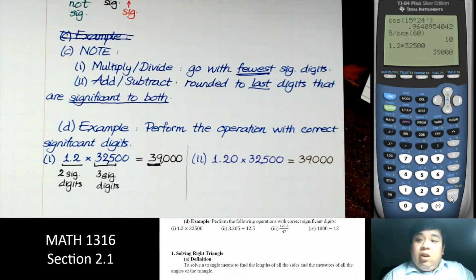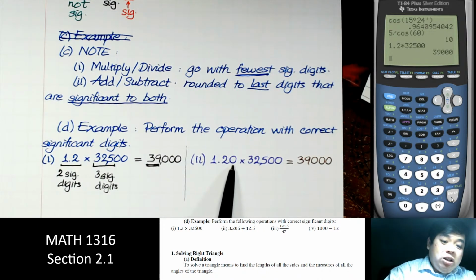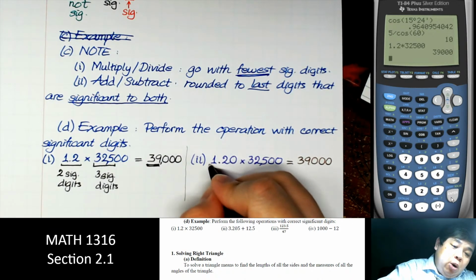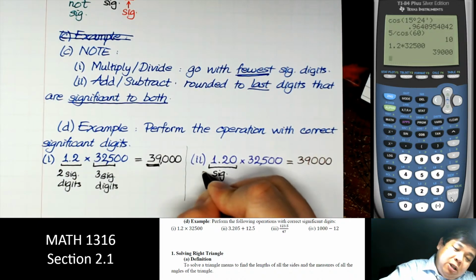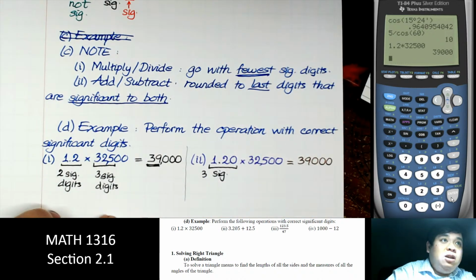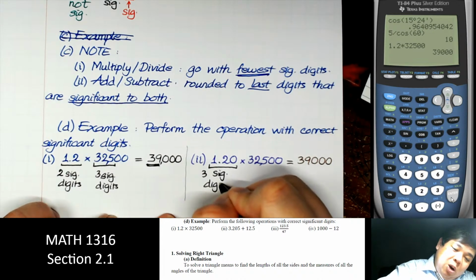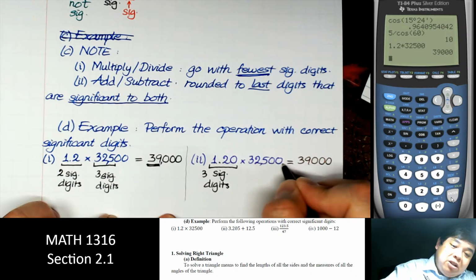But what is the difference here? The trailing zero will be significant if it has a decimal point. Because of the decimal point here, all three of them are significant. So three significant digits, or significant figures, and the trailing zero doesn't count here because there's no decimal.